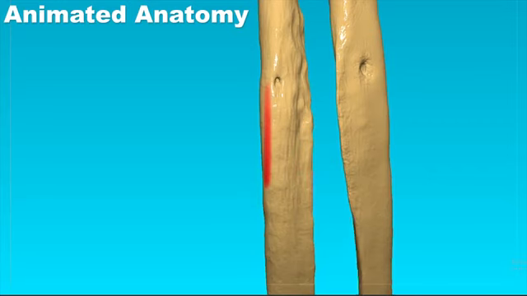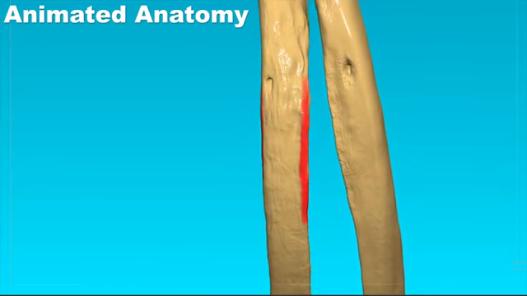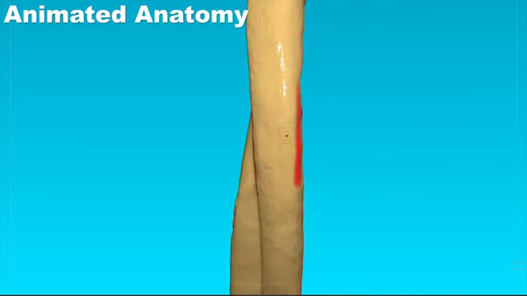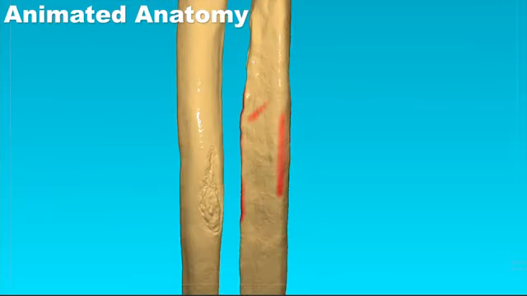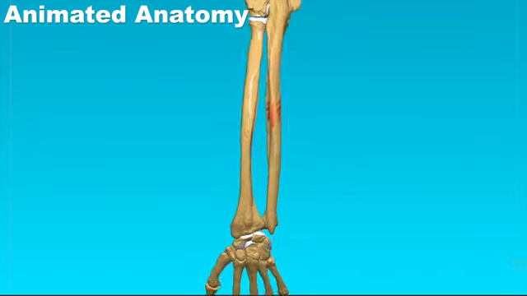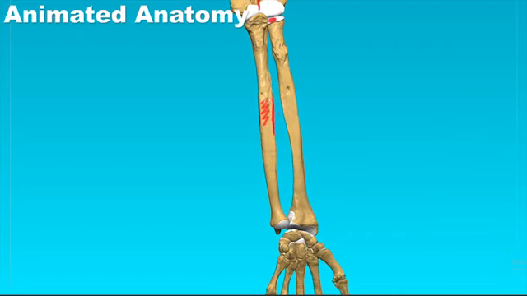And then we also have this interosseous border here. So it's only natural that these borders actually create the anterior surface, the medial surface, and the posterior surface. Remember, the posterior surface, medial surface, and the anterior surface.